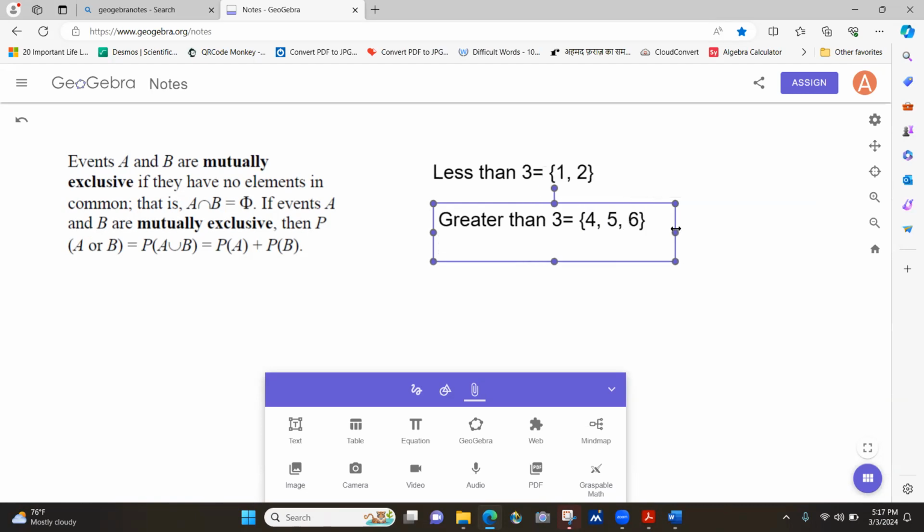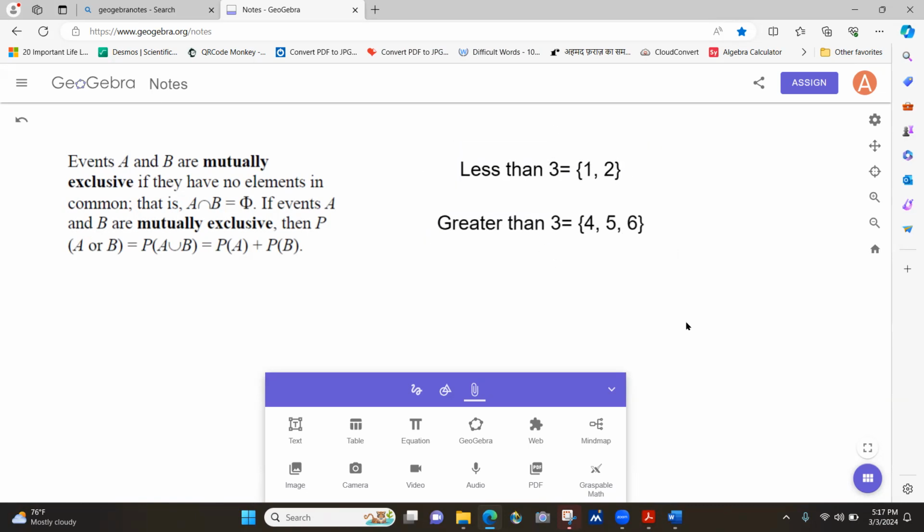Now, take a look at these two events. This event and this event have nothing in common. Their intersection, where the overlap, is empty. If there are two events that don't have anything in common, we call them mutually exclusive.